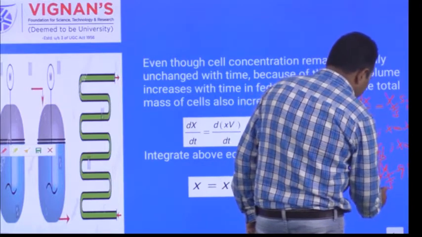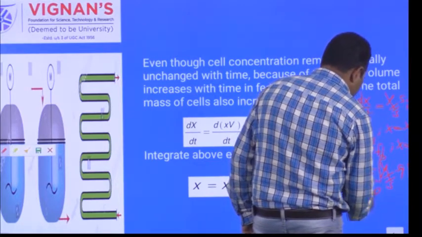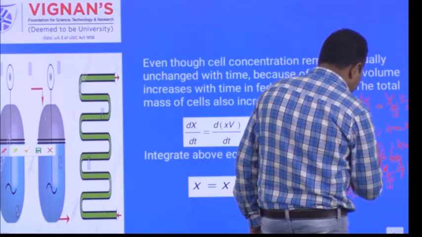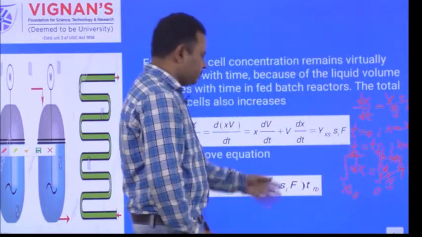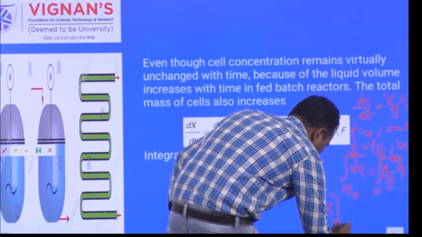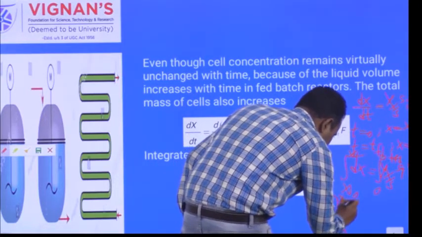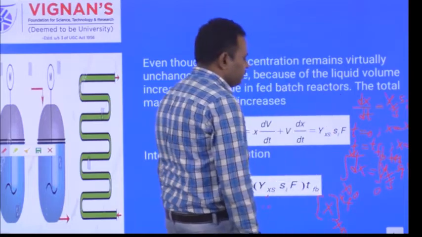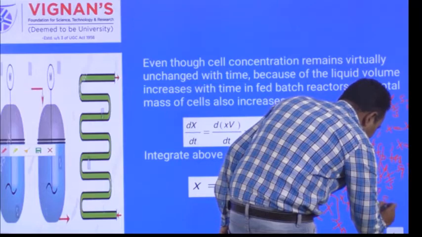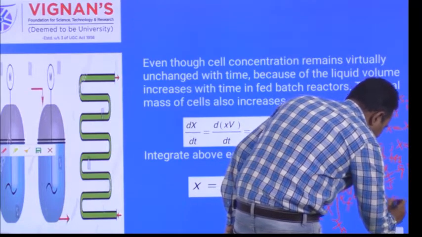Integrate this equation for the boundary conditions: time 0, x0, and at time tb, xf. Now, the integral of dX goes from x0 to xf. Yx/s is constant, take it out of the integral. Si is constant, take it out. F is constant.